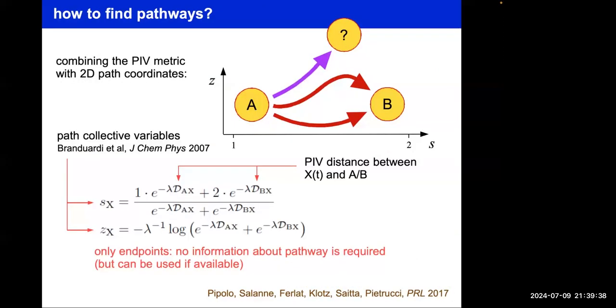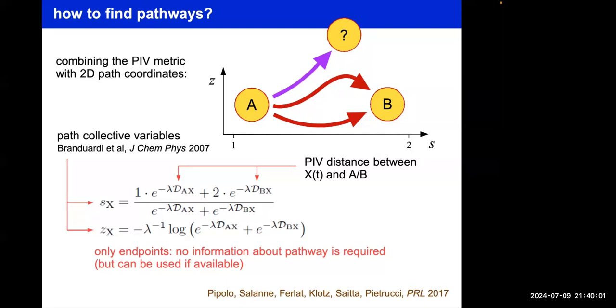Then you can use this. So how to deal with these huge vectors? Well, you can put them into a framework of path collective variables. This is a flexible viewpoint where basically you want to go from A to B, and you define a two-dimensional space, one which is the progress from A to B, and one which is a sort of direction away from the path.